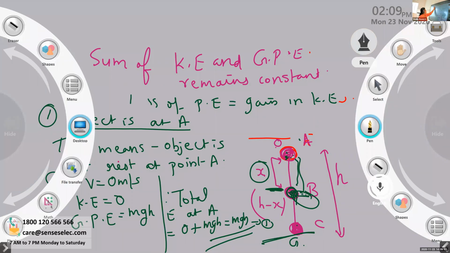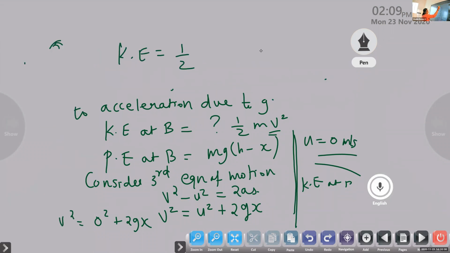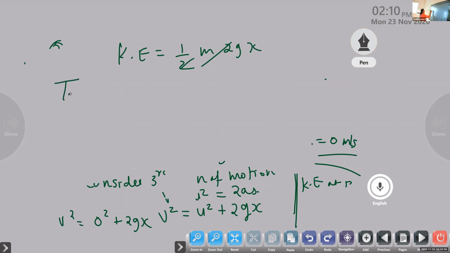That's all. Okay, children. So, the kinetic energy we already got, I am writing it here. Kinetic energy is equal to half m into 2gx, the 2 cancels, giving mgx. Now what do we get for total energy?